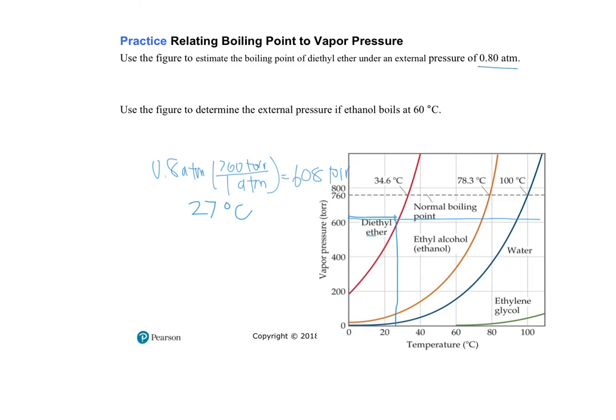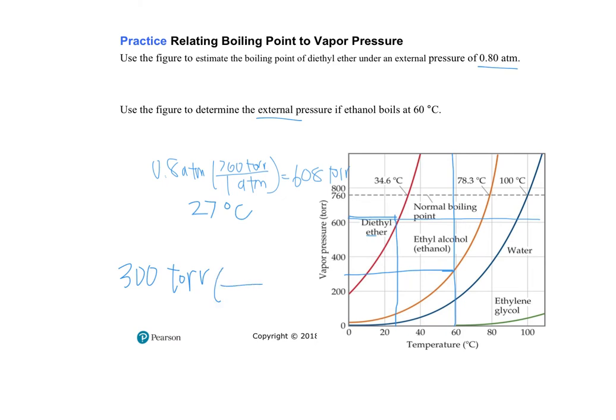So let's figure out the external pressure if ethanol boils at 60 degrees Celsius. So we're going to take 60, we're going to go straight up, and ethanol is the orange curve. So we can see that this temperature crosses the line right here. So I'm just going to go straight over, and that looks to me about 300 torr.